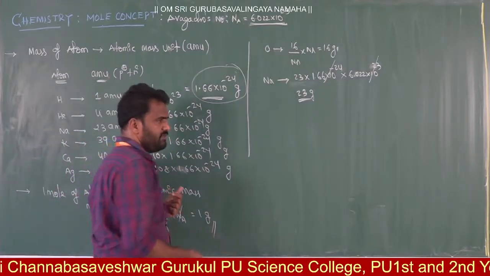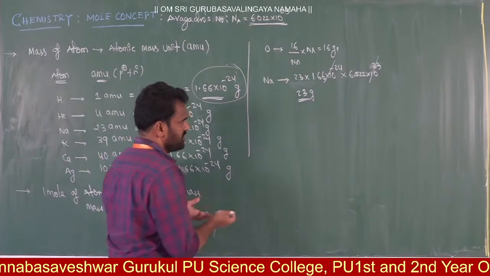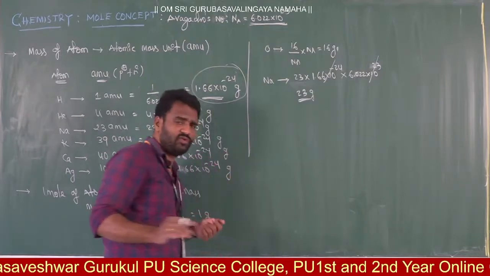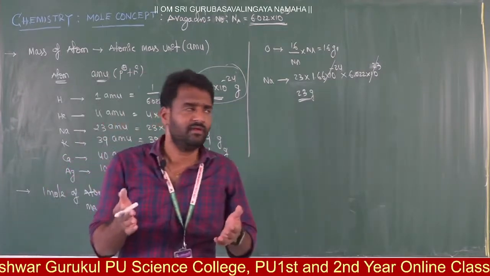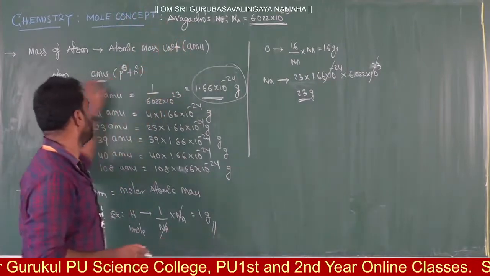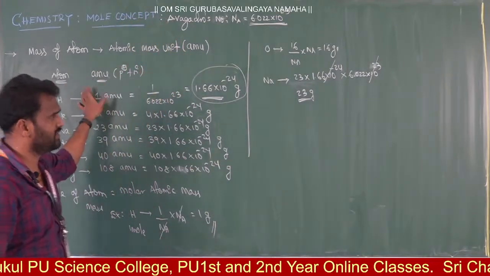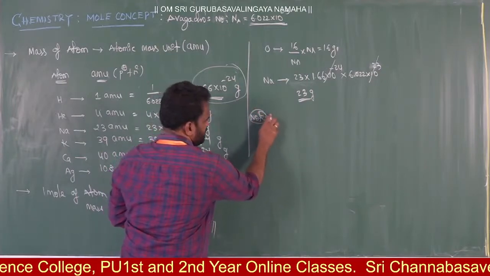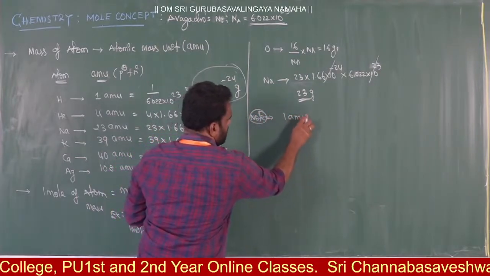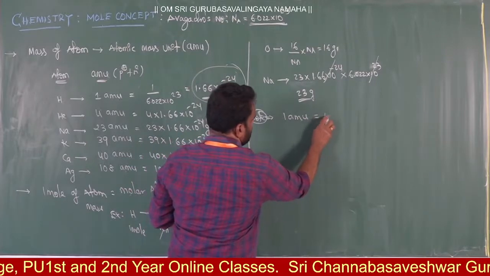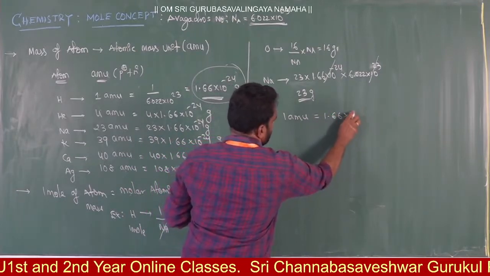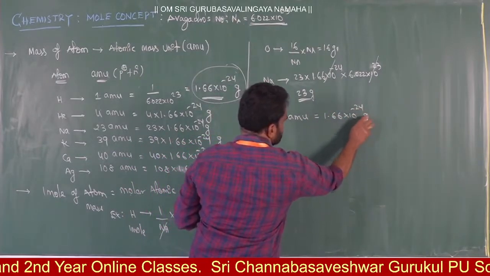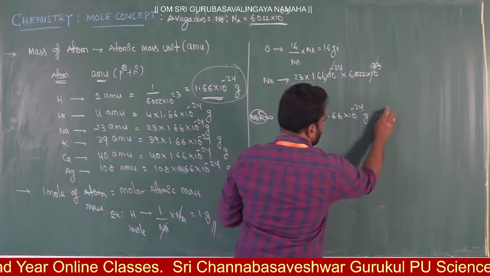Now let me solve some questions. And one more thing, here is a basic note point: 1 AMU is equal to 1.66 into 10 power minus 24 grams, which equals 1 by Avogadro number.